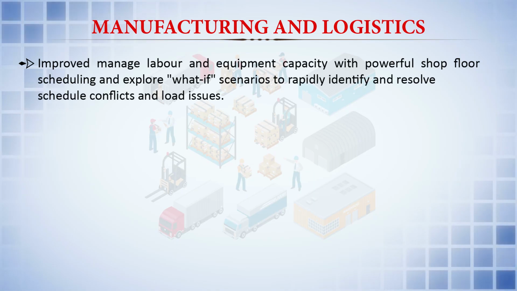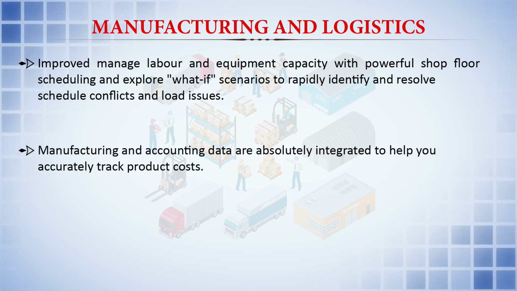So, all these activities comprising of the manufacturing and the logistics will be handled by the manufacturing and logistics submodule. It improves the management of labor and equipment capacity with powerful shop floor scheduling, and lets you explore what-if scenarios to rapidly identify and resolve schedule conflicts and load issues.